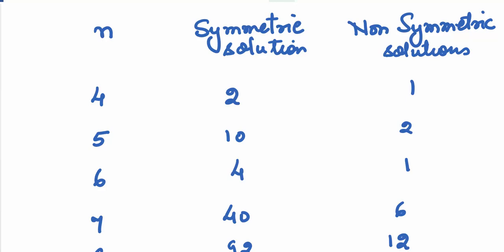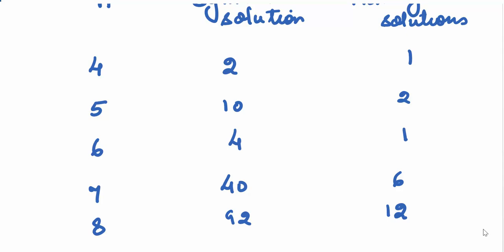For 5, we have 10 symmetric and 2 non-symmetric. For 6, we have 4 symmetric and 1 non-symmetric. For n equal to 7, we have 40 symmetric solutions and only 6 non-symmetric solutions. Now coming to the chessboard, where the n value is 8, we have 92 symmetric solutions and 12 non-symmetric solutions.